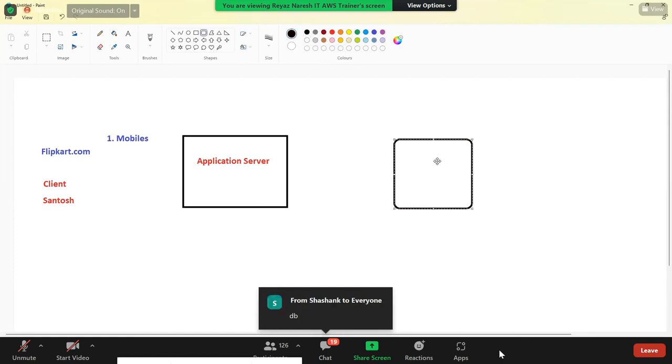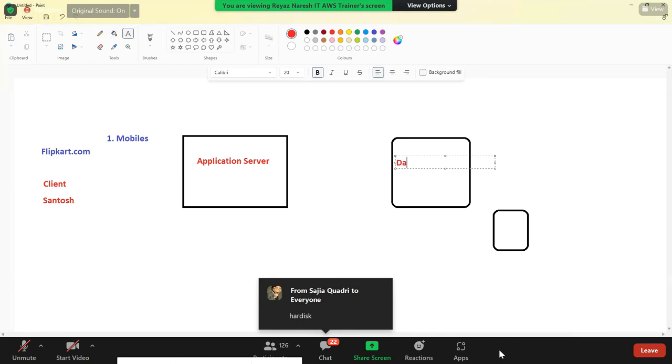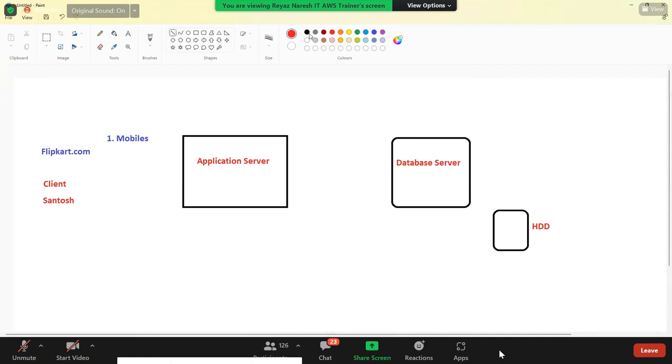And for the DB server, there will be a hard disk, no? This is the database server, and this is the hard disk, HDD. Load balancers etc. will be there, but I'm just drawing it directly.